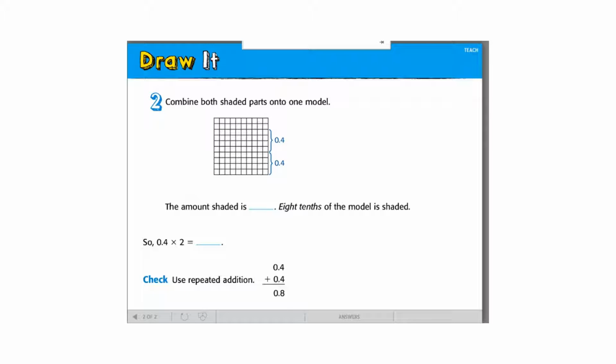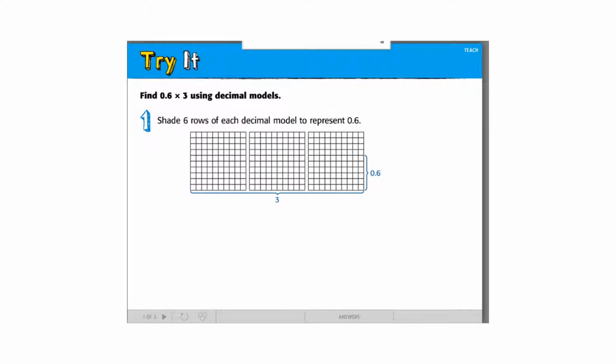Let's look at the next example. Here's the try it. Let's use a different color. So this one is 6 tenths times 3. That means we're going to shade 6 tenths in 3 different 100 grids.